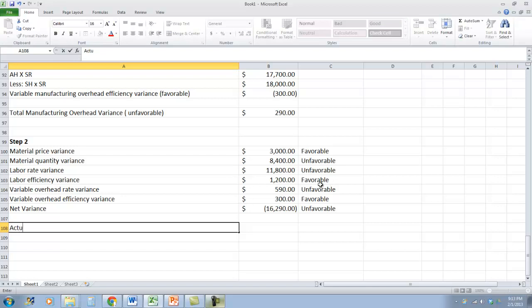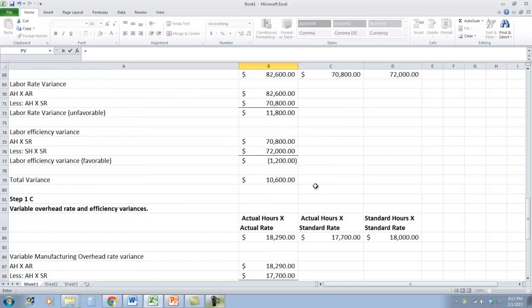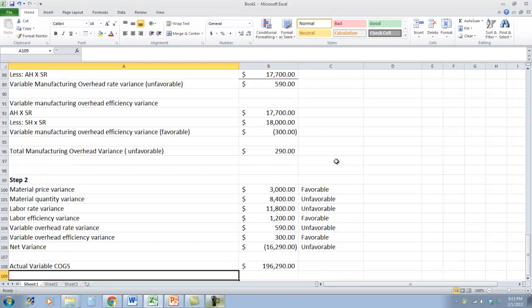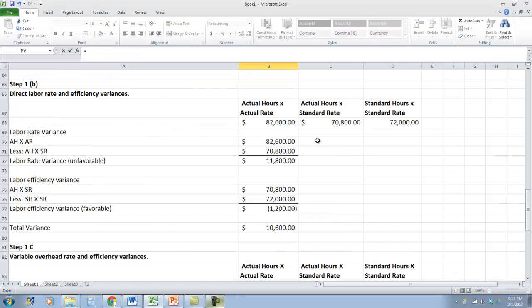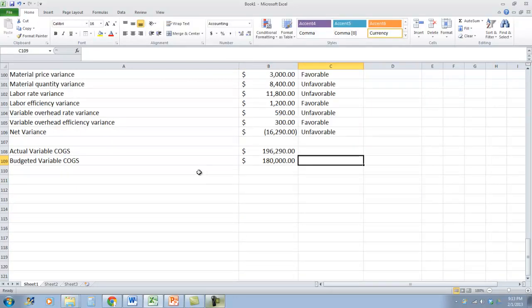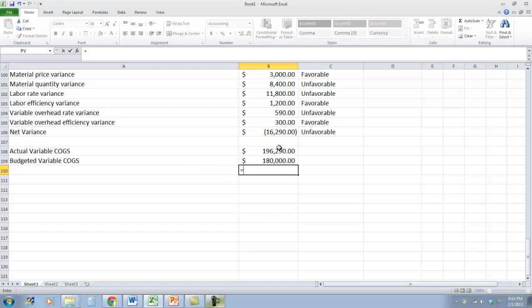Actual variable cost of goods sold equals, we'll get this from the problem, 196,290, and budgeted variable cost equals 180. Take the difference of these two, and this is unfavorable.